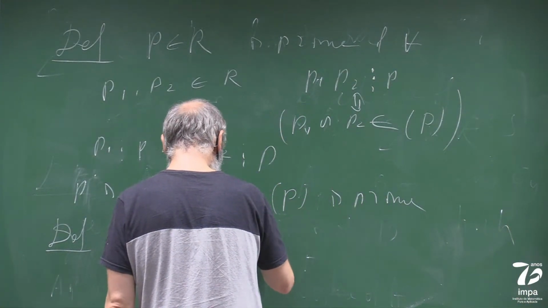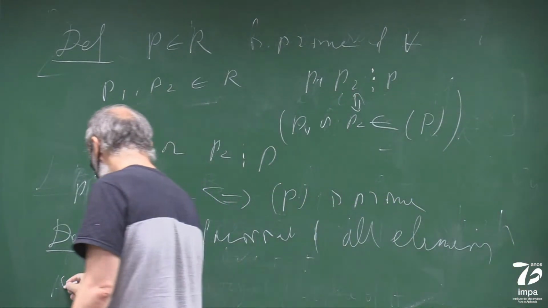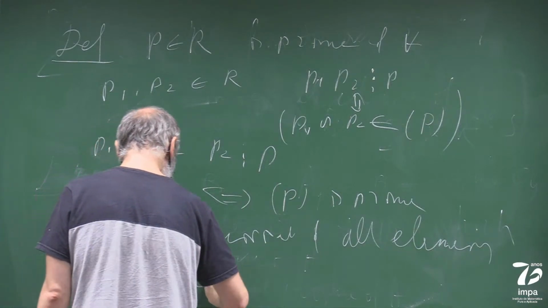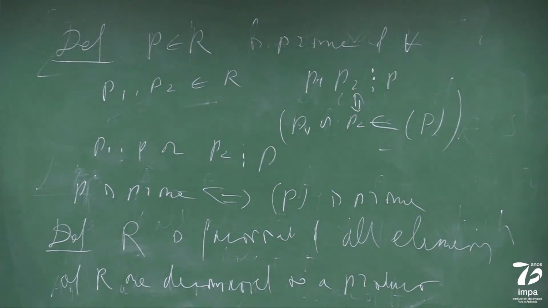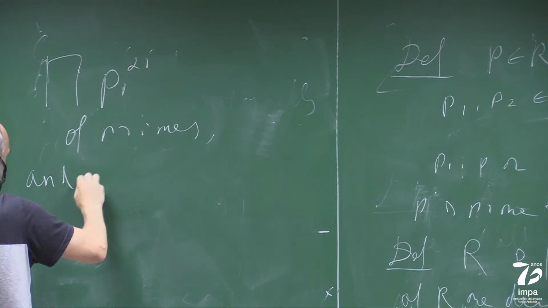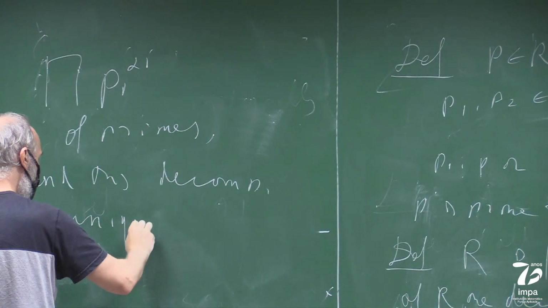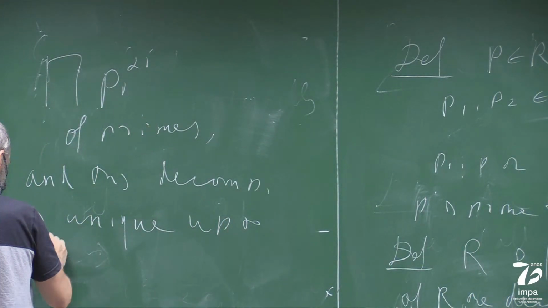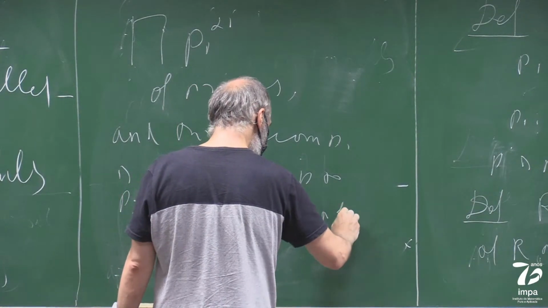R is factorial if all elements of R are decomposed into a product of primes, product of p_i to the power alpha_i, and this decomposition is unique up to permutation and invertible multiplier.